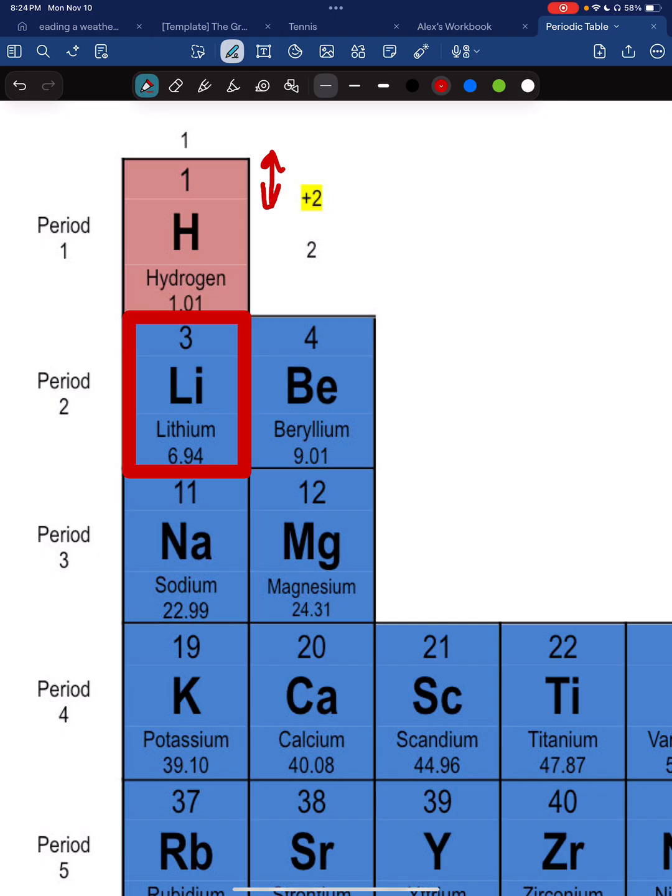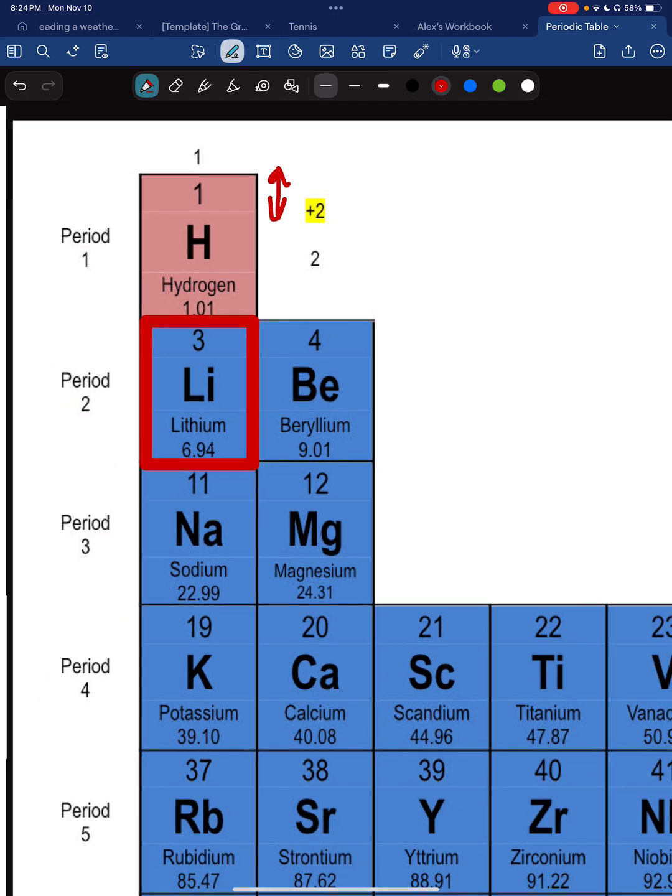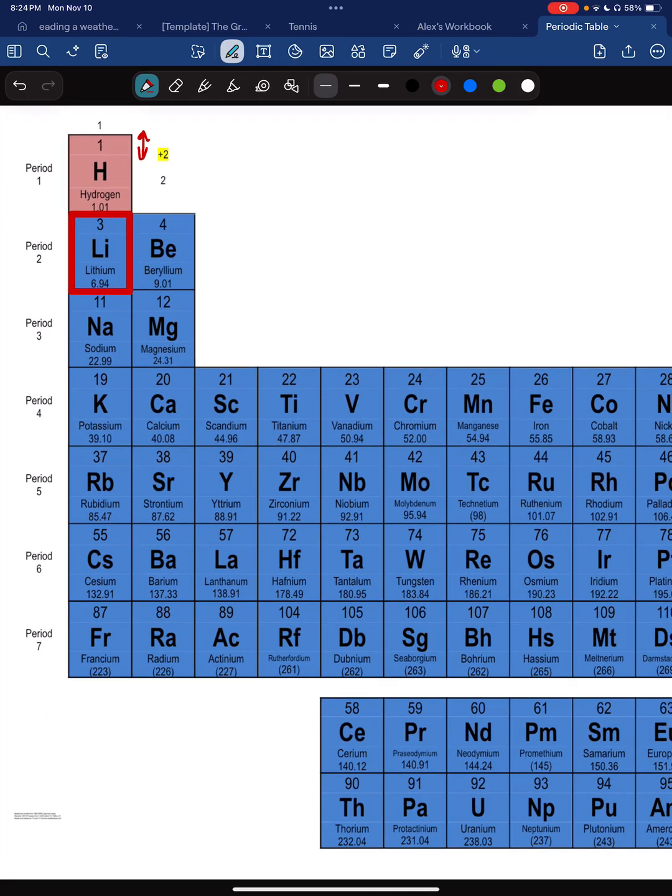So your whole group is going to be all of column number 1. So here we have a 1. All of these guys are part of your group 1 elements.